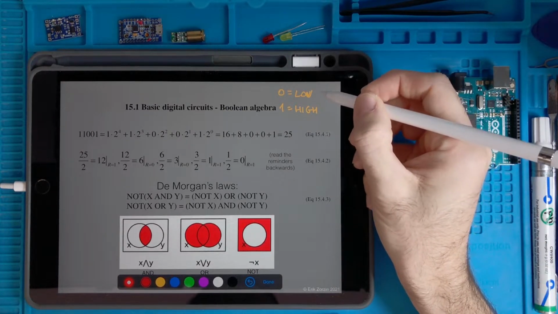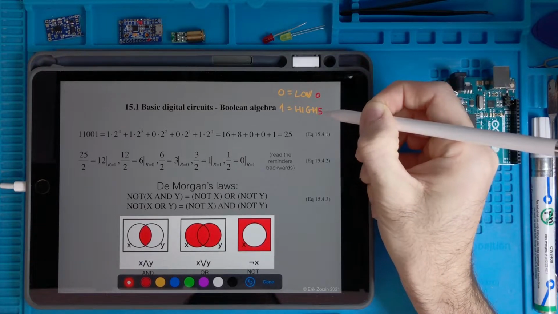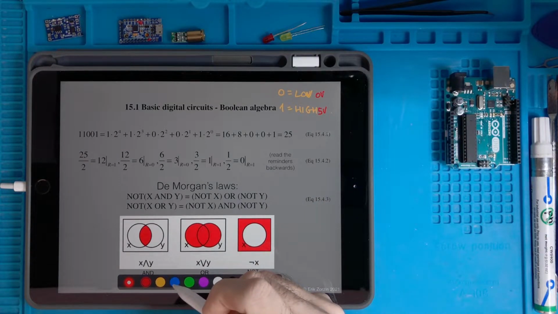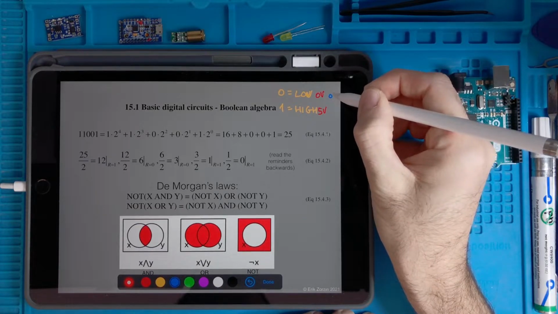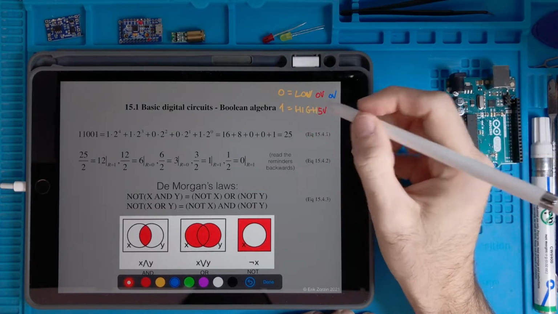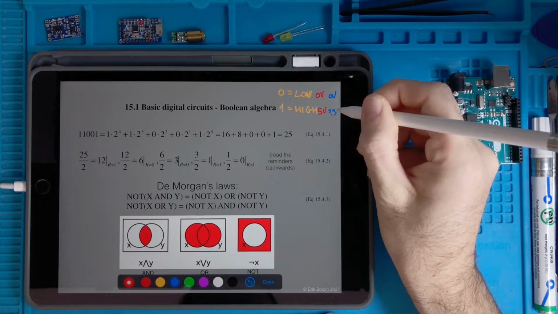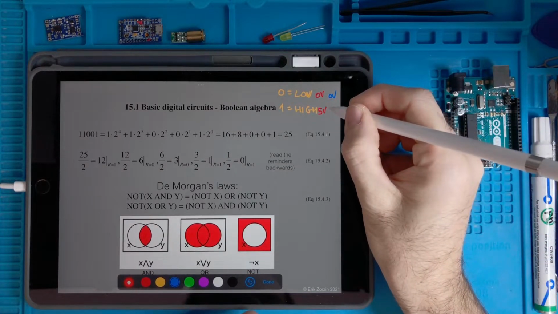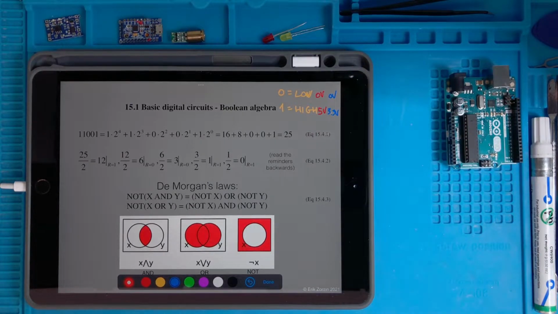The old standard is that low is 0 and high is 5 volts. And a more modern standard is that the 0 level is 0 volts and the 1 level, or high level, is 3.3 volts. Okay, so most of the time you will find those two standards.